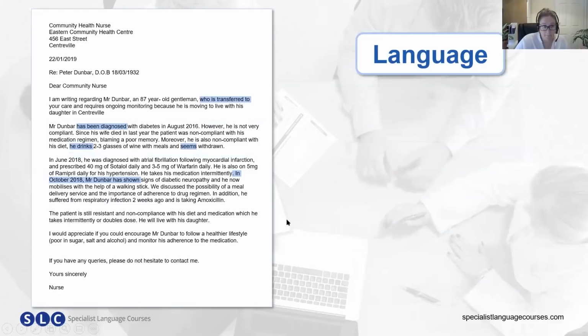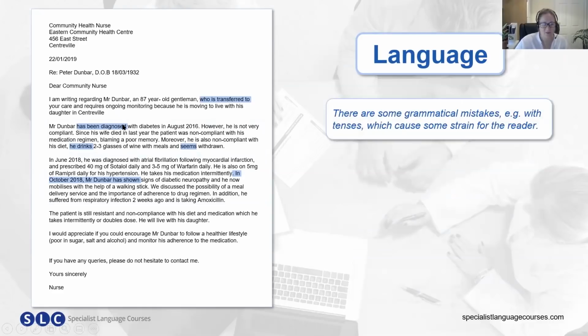Language. There are quite a few errors here with tenses and other things, which do cause a little bit of strain, mainly with the tenses, because the reader becomes confused about when things happened. So you've got present tenses here that are talking about things that happened in the past, and the reader might be confused as to, is this in the past or is this now?